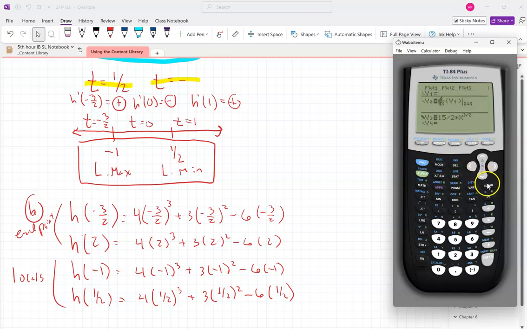I'm just going to type in my function for h of t into the y equals here. And then I'm going to do y1 of.